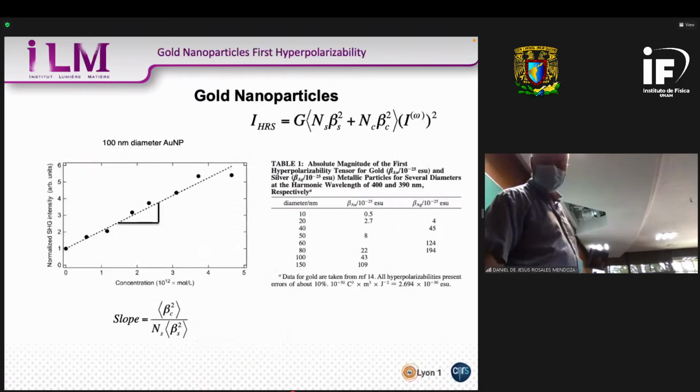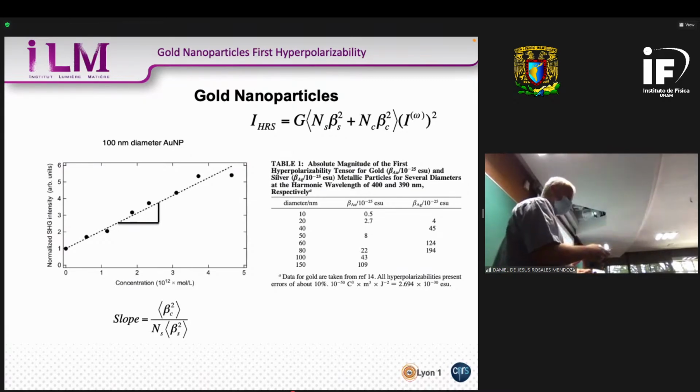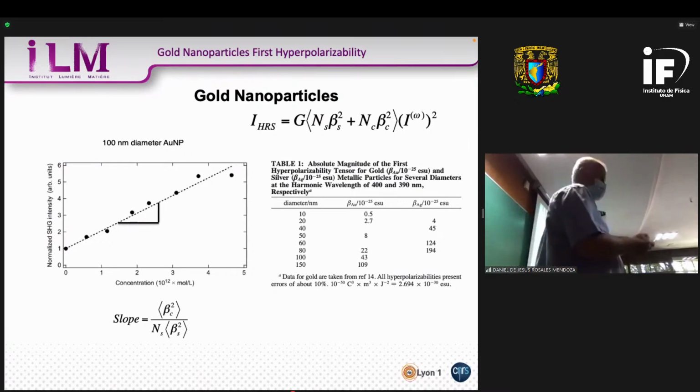Now we go to a different type of particles, which are gold particles, and it would be the same for silver. These particles are centrosymmetric in terms of the crystalline structure, and therefore we may expect different things.